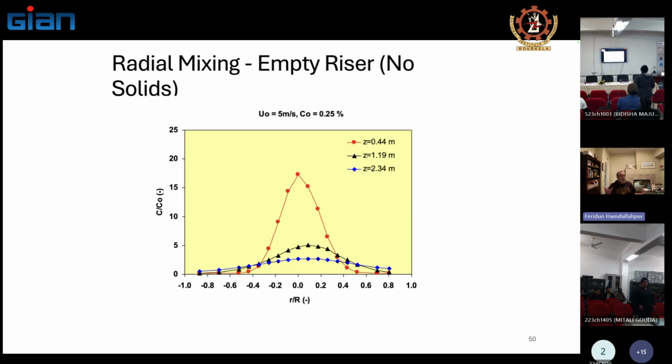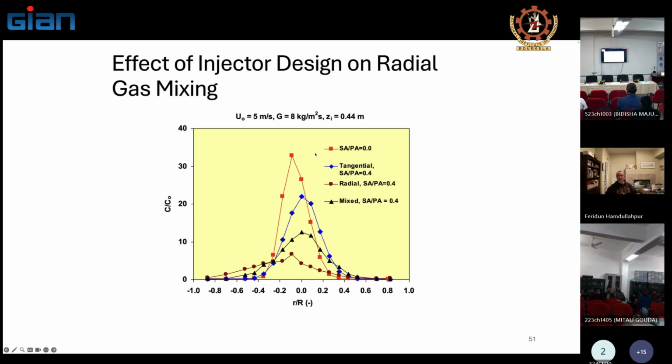But we don't want, as I said, the higher the height of the reactor, the more money you have to spend on building it. So we don't want to just make it too tall. So we then start injecting air with solids. This is when there is no secondary air injection.